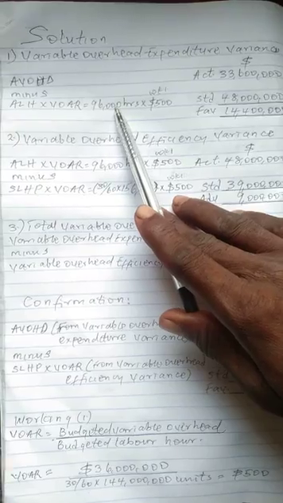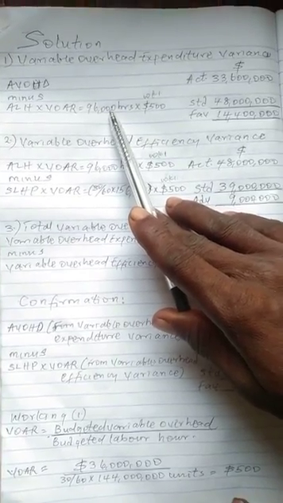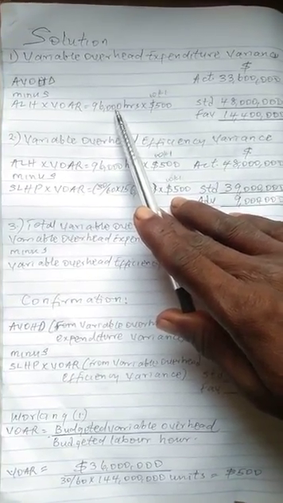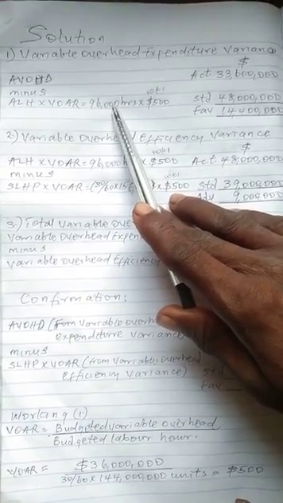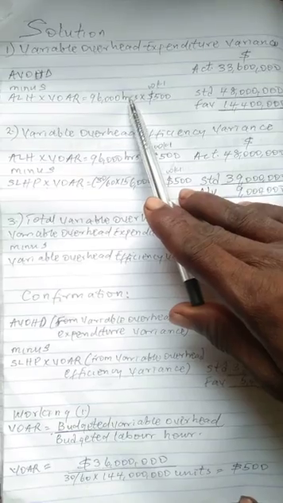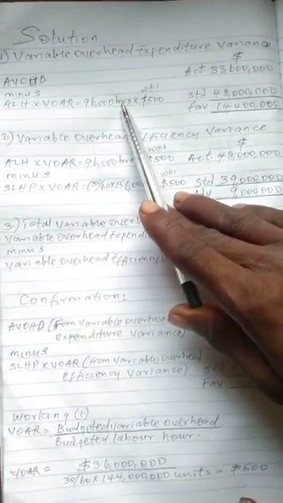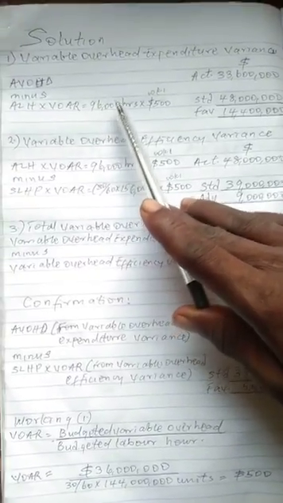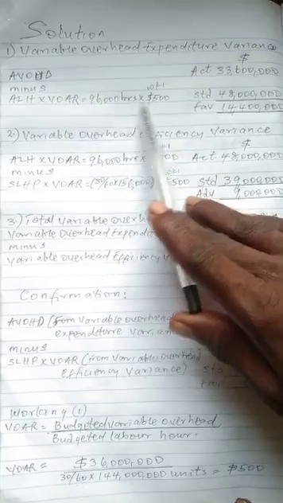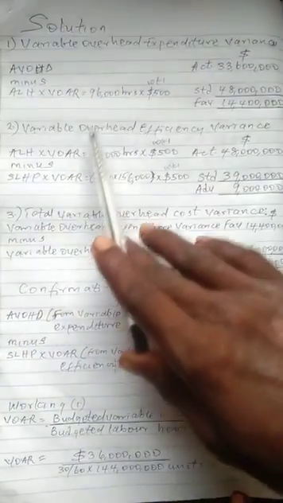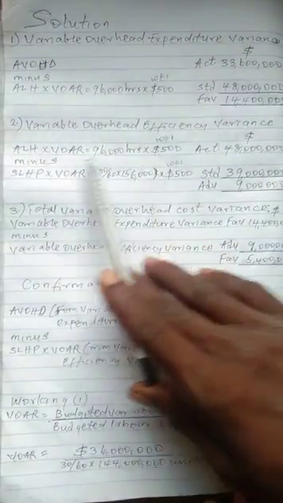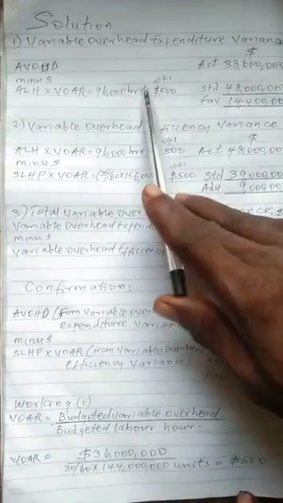For the labor cost variance, you go to the standard aspect of the labor rate variance. In the variable overhead, you go to the variable overhead expenditure variance, the standard aspect of it. Look at it. Just pick it and put it here. Don't bother yourself. Pick it and put it here.